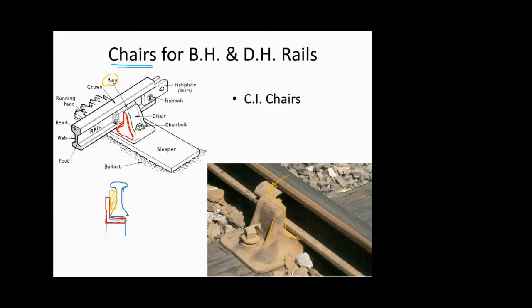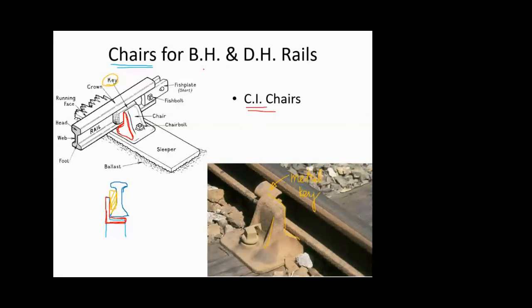Metal keys have their own advantage in that they last longer than the wooden one. So this is the metal key. This is the concept of the chair, and generally they are made of cast iron.